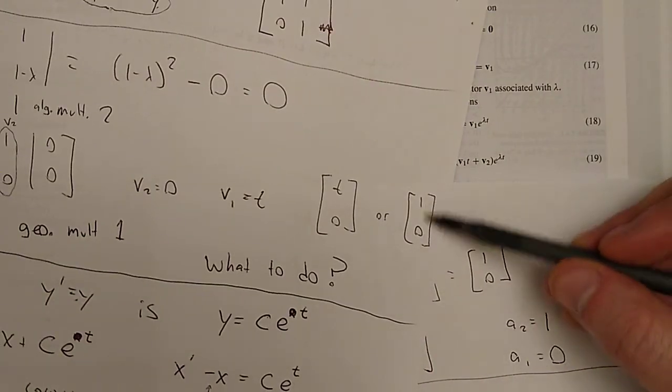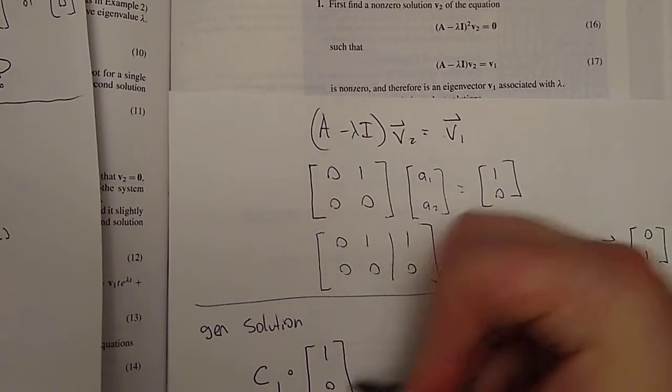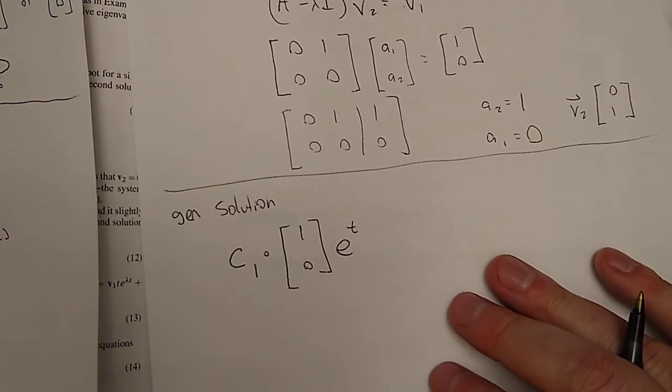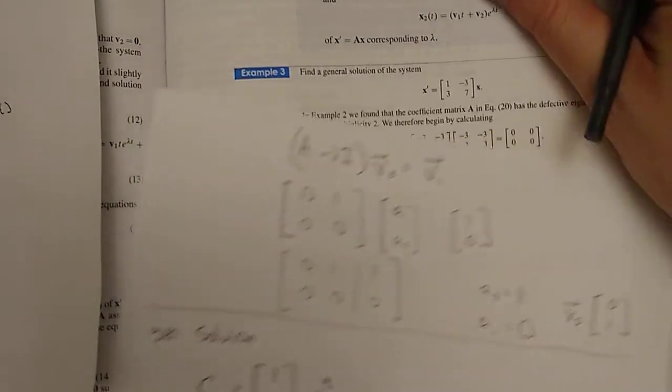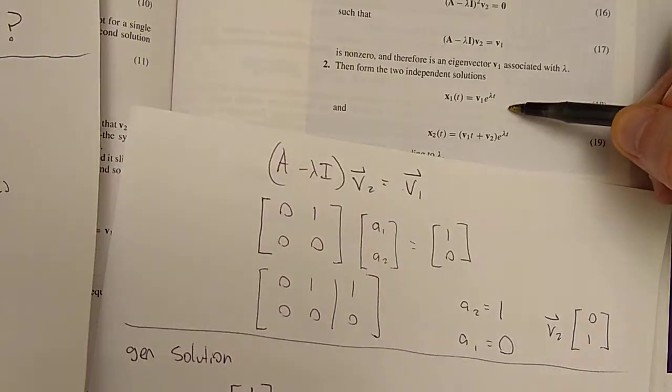V1 was this one, so 1, 0, e to the lambda t, and lambda is 1. So that is C1 times this one.